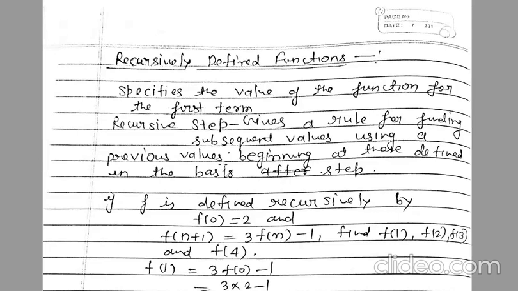The second step gives a rule for finding subsequent values using the previous values, beginning at those defined in the basis step. That means you have your first value and you will use your first value to find the next value, right? So there is an example here.